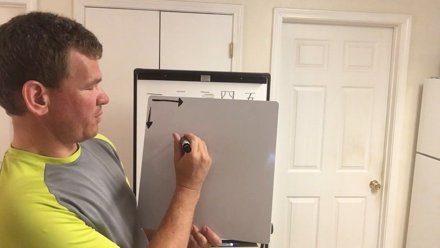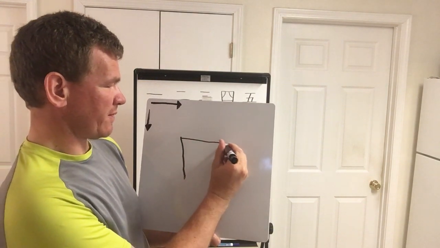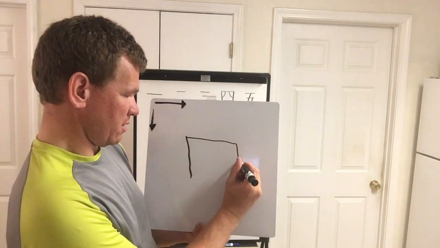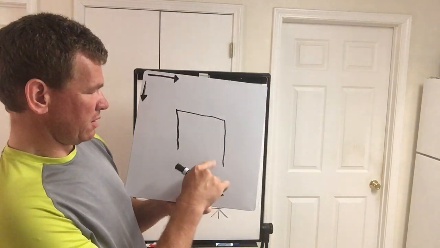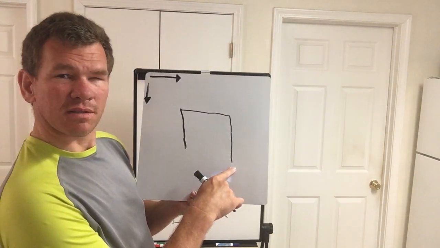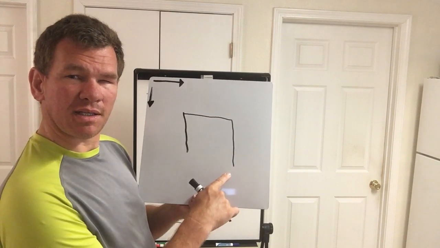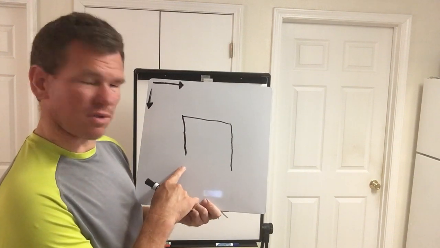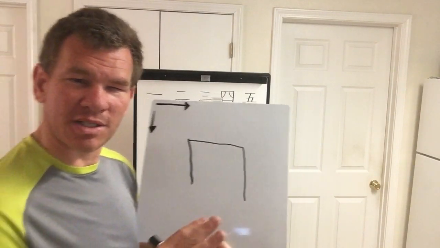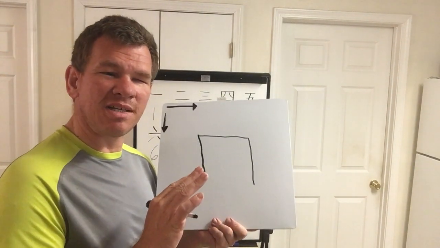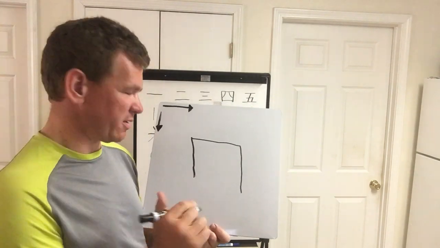So you start on the top, you go right, and then down. The second stroke is going to end a little bit lower than the first stroke. That's from what I've been shown by my Chinese teachers and my Chinese friends. This is how they draw it.